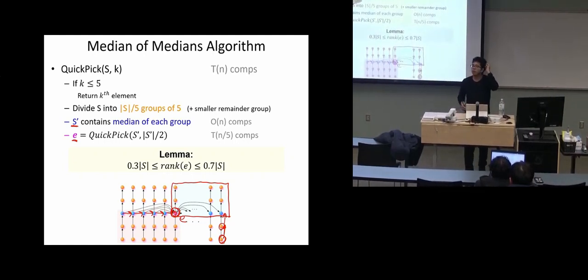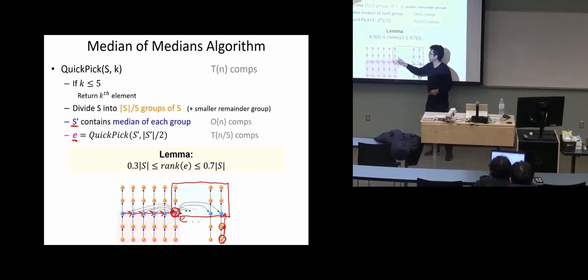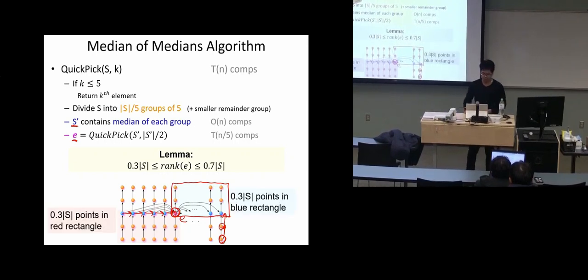So all I need to show you is that the box here is big enough. If both of the boxes are big enough, then it means that E must be close to the middle. The claim is that both of the boxes have size at least 0.3 times S. How to see that? That's not hard.